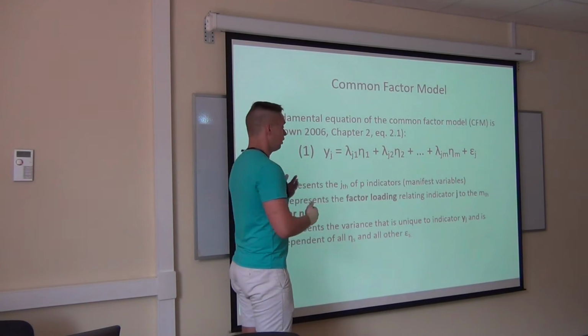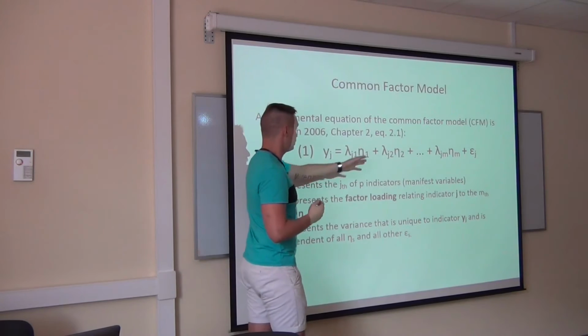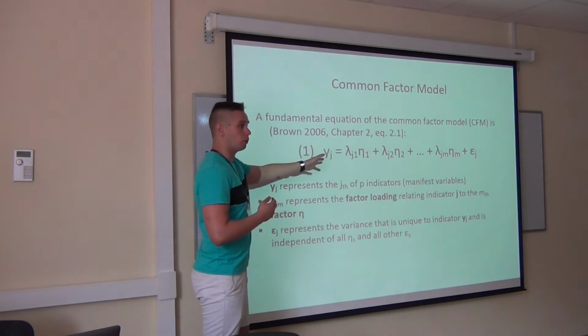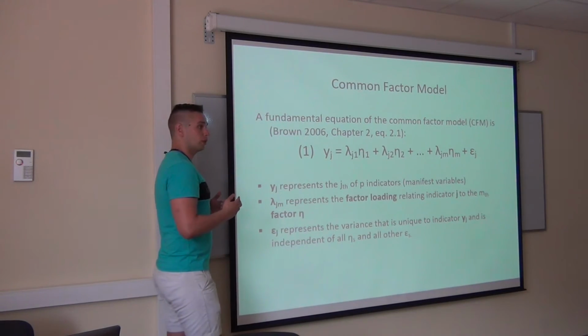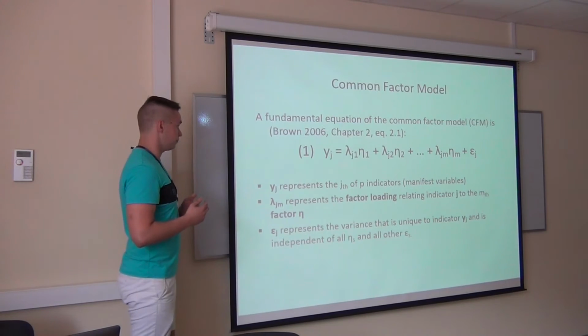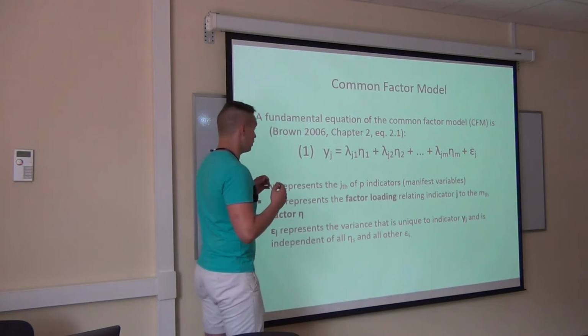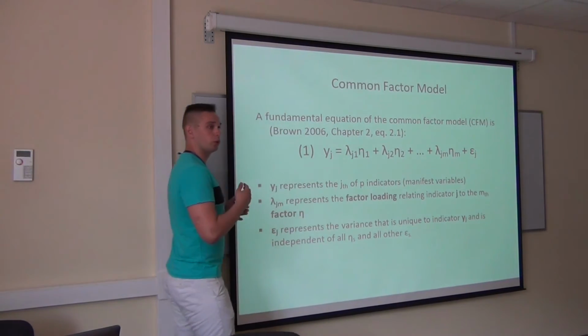And the measure of strength of relationship between our latent variables and our observed indicators, which is called the factor loading, is denoted by lowercase Greek letter lambda. A few words about indices. G is the index for observed indicators.